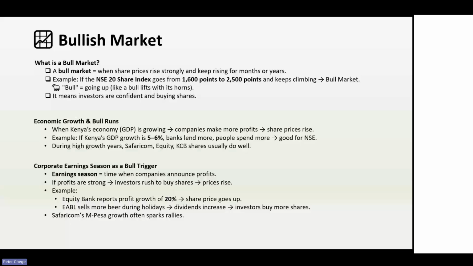So if a company announces a strong profit, then we as the investors will get in to buy. Why? You expect that company to announce a dividend. Again, demand overshoots supply, prices start to rise.